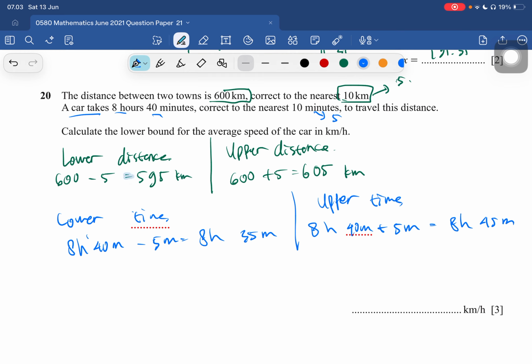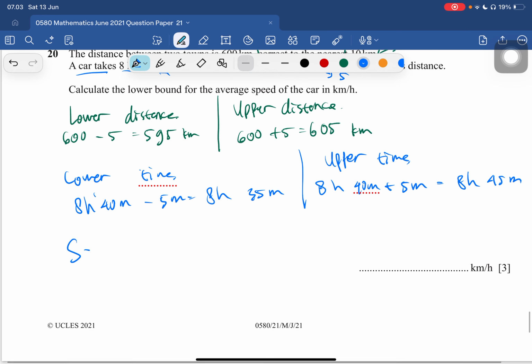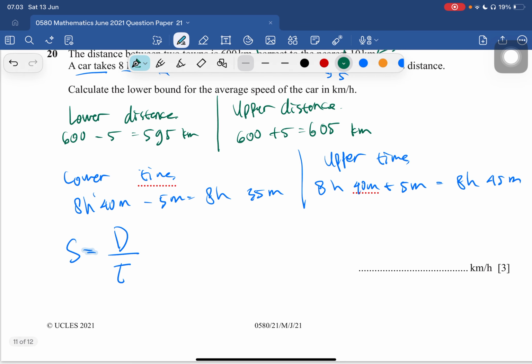Okay, to find the lower bound of the average speed, the speed is equal to the distance divided by the time. Okay, to get the lower bound, the distance we make the lower, and the time is the upper bound.